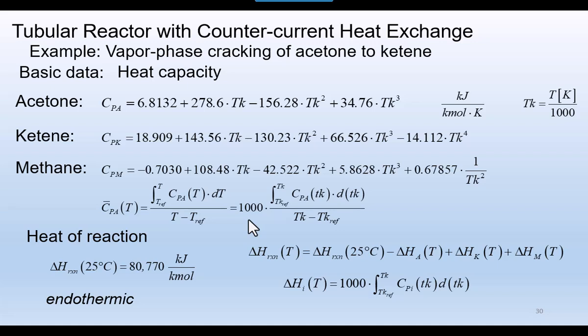And then the heat of reaction at any temperature can be computed by taking the base heat of reaction and then multiplying by the changes in enthalpy of the individual chemical constituents, and that change can be computed by integrating the appropriate heat capacity from the reference temperature up to the operating temperature that has been scaled again by 1,000.